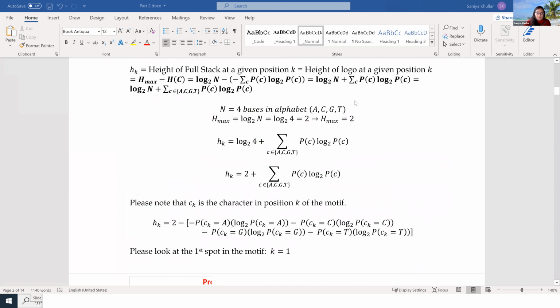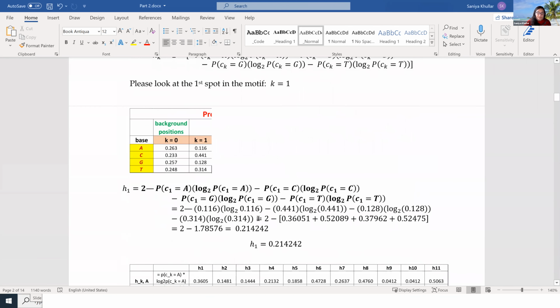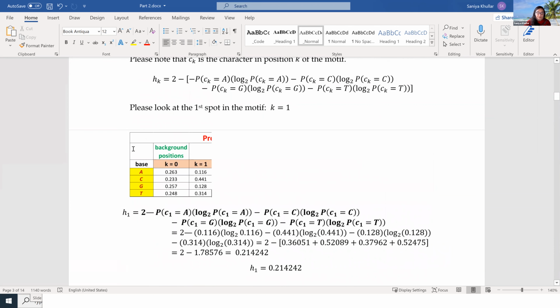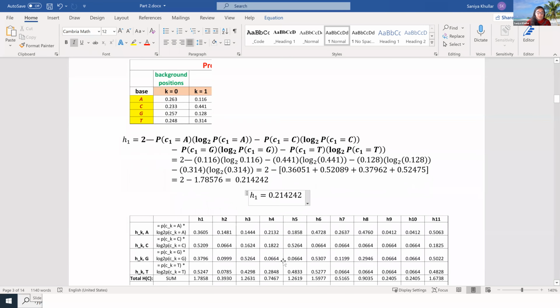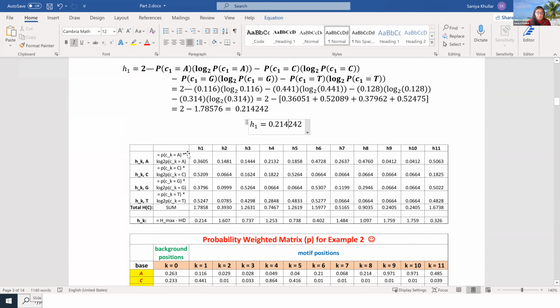Okay. So that's how we calculate this probability. And then we use this formula here again. This is the key formula that we use, and we get H1 is equal to this, which is the height. We can just continue working through this example where we have calculated this height value here.